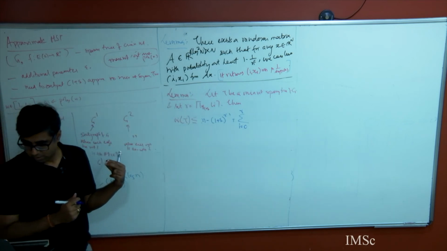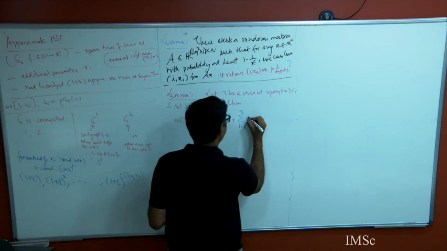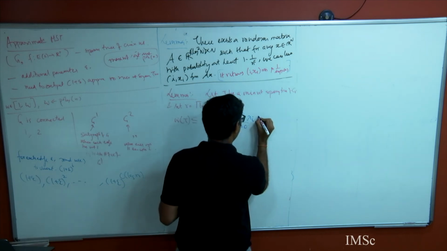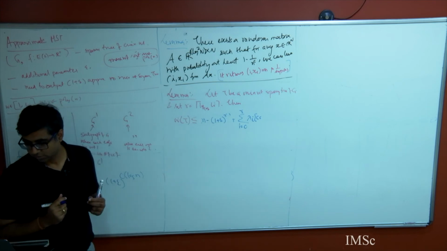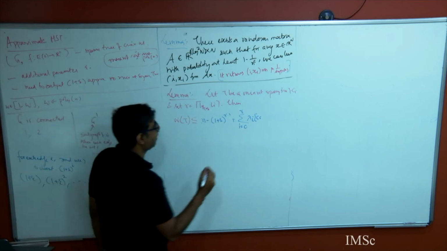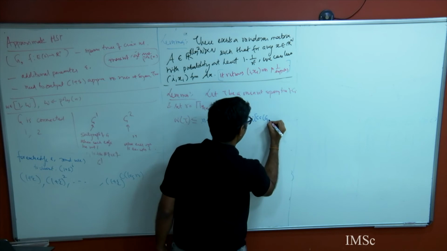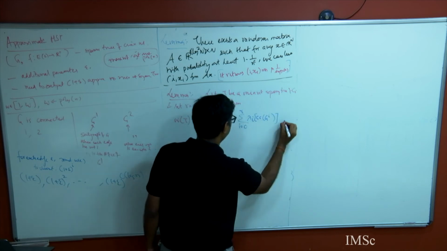I'll tell you what lambda is: it is the number of connected components of G_i.